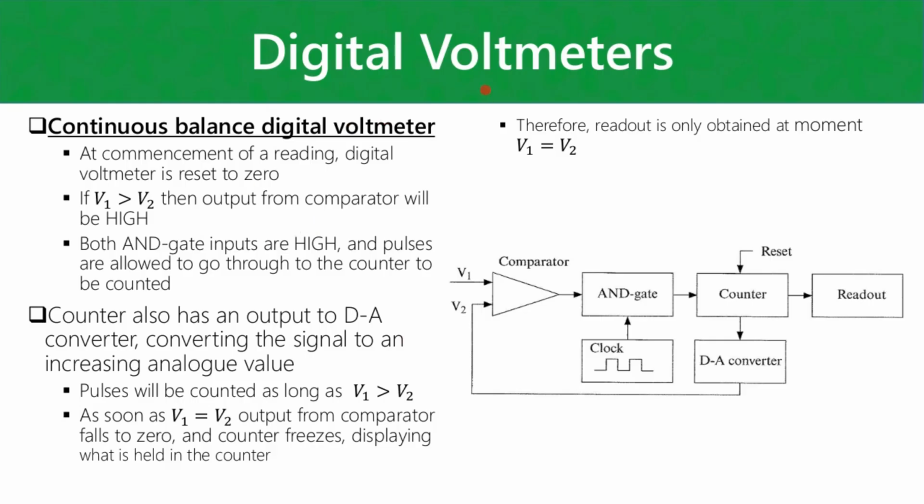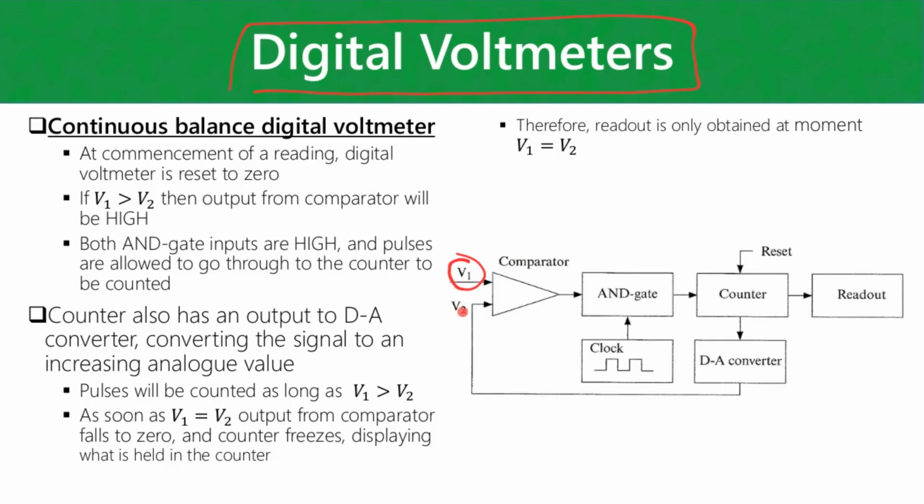And then this is where we get into the digital voltmeters. The first one that we have is the continuous balance digital voltmeter. It's still an analog to digital converter, but this one makes use of a digital to analog converter as well. So we have some unknown voltage that we want to measure, V1.